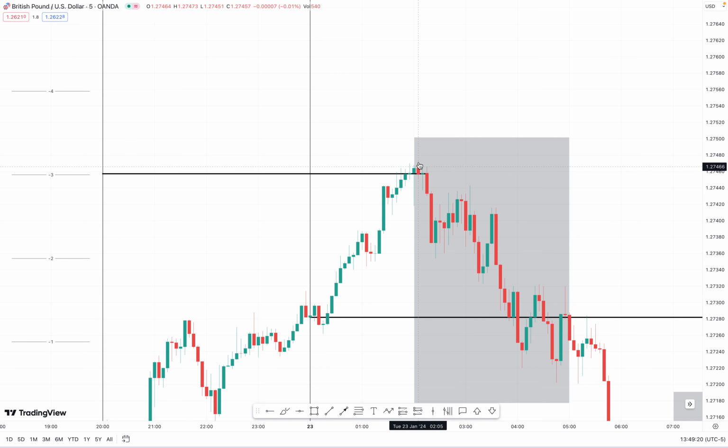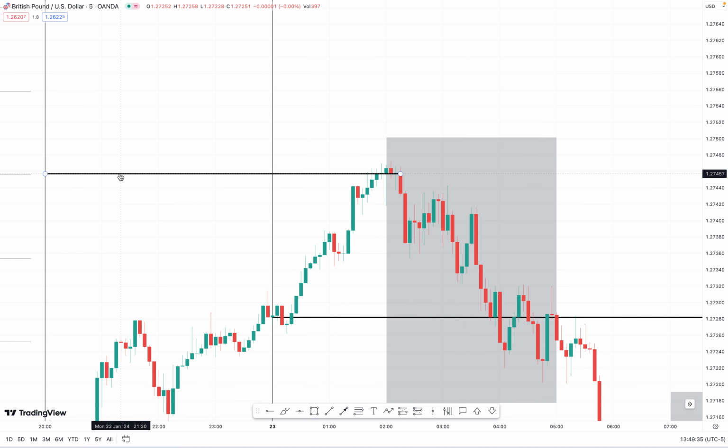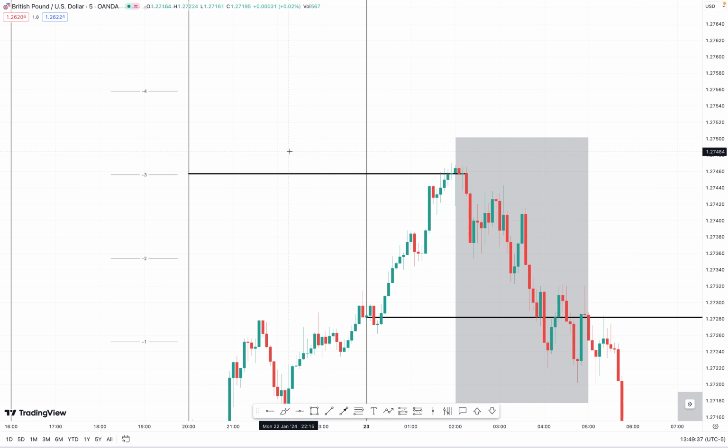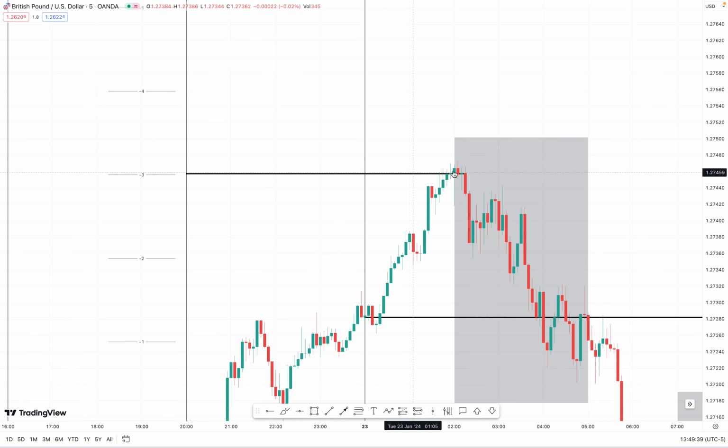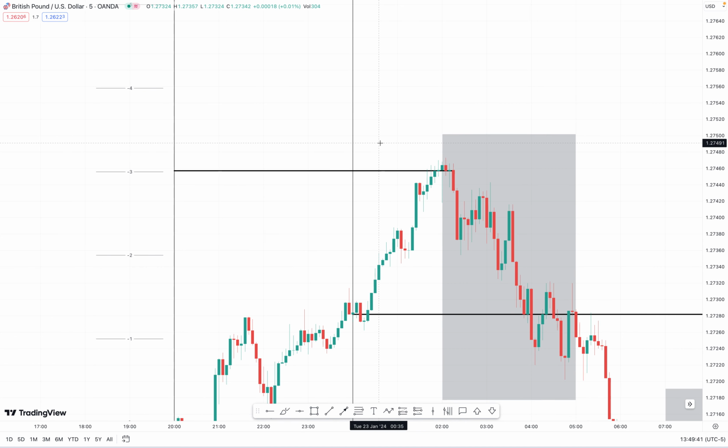So if this candle was moved 2 candles to the right, I would ignore this, because then it's making a higher high after it's hitting that level. And I'm not going to say I never want to see that, but for the way I'm trading this, I don't want to see that.